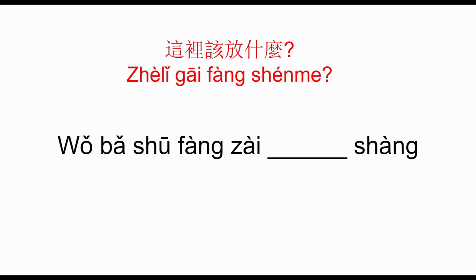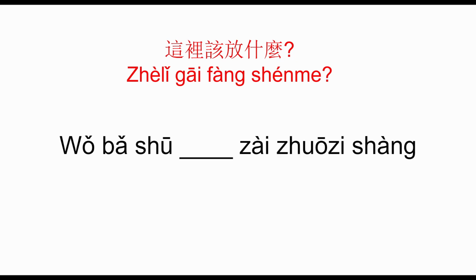No. 这里该放什么? 我把书放在 Beep. 上. Okay, what's going on there? Table. Yeah, but what else could you put there? 车子? I guess you could put your books on a car, yeah? So anything you could put something on top of, really? Yeah.